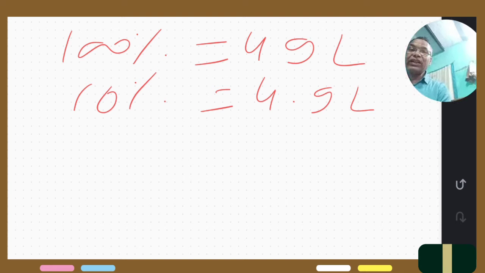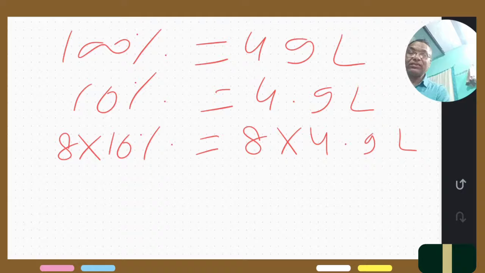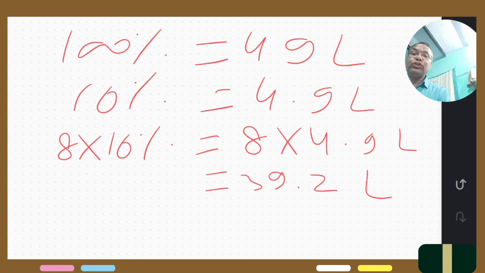Now accordingly 80% is the milk. So 8 into 10 will make it 80%, and that 80 percentage will be equal to 8 into 4.9 liters. That will become 39.2 liters.